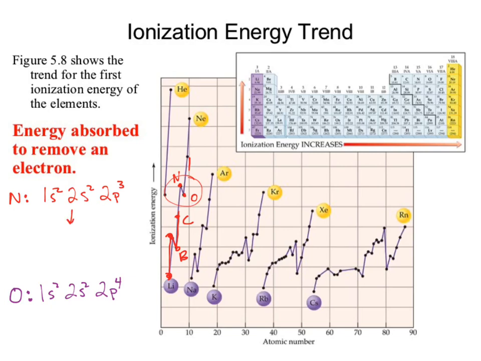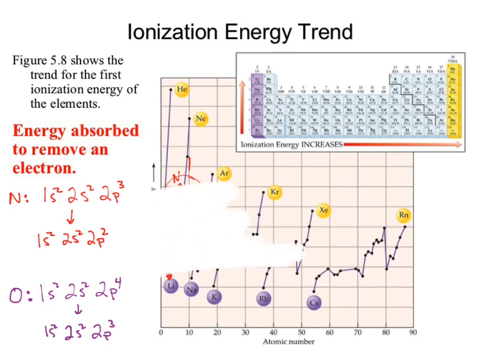If I remove an electron, nitrogen becomes 1s2, 2s2, 2p2. Oxygen, 1s2, 2s2, 2p3. Well, now it's obvious, right? Still no? Okay, let's try something else.